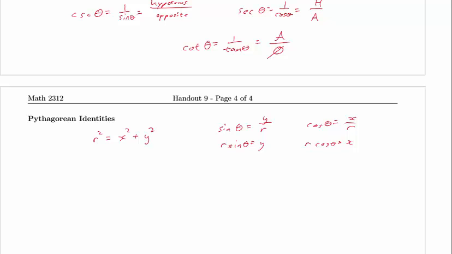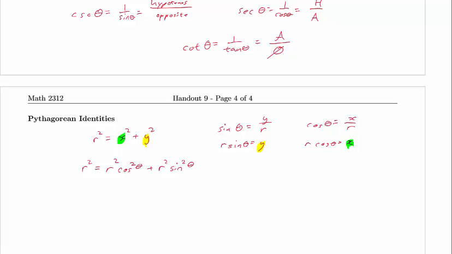And so we simply make these substitutions into our equation for a circle. And we have the radius squared equals r squared times cosine squared theta plus r squared times sine squared theta.